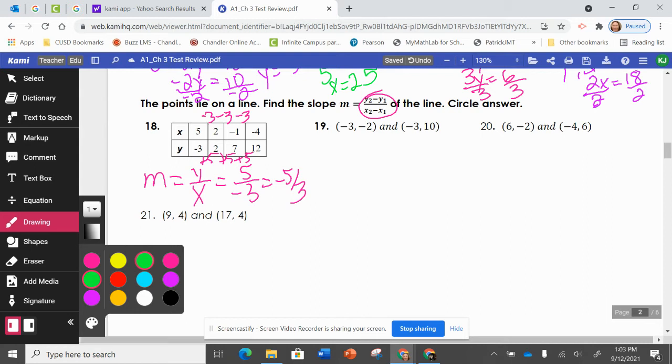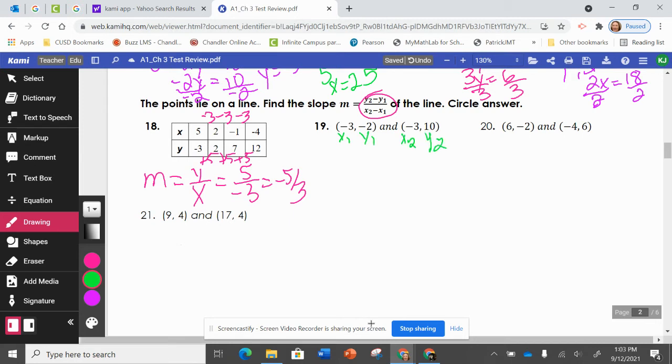For 19, we have ordered pairs. So I'm going to go ahead and label x1, y1, x2, y2, and I'll plug it into this formula. So we have y2, which is 10, minus y1, which is -2. Note that I have the subtraction from the formula and then also the negative from the 2 being negative. x2 is -3 minus x1 is -3.